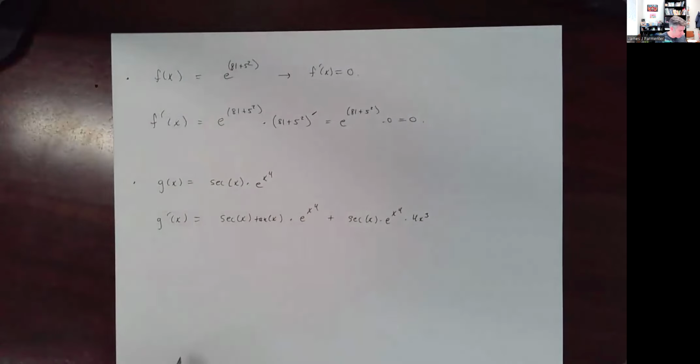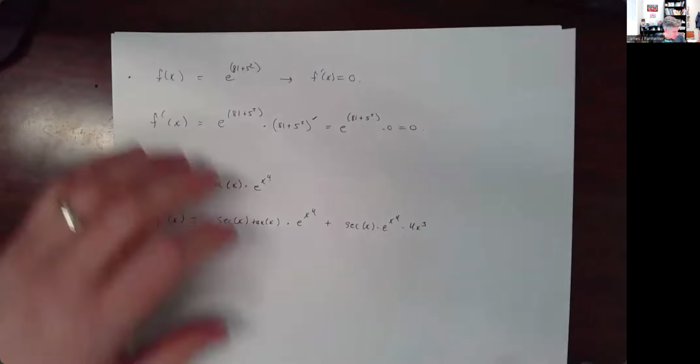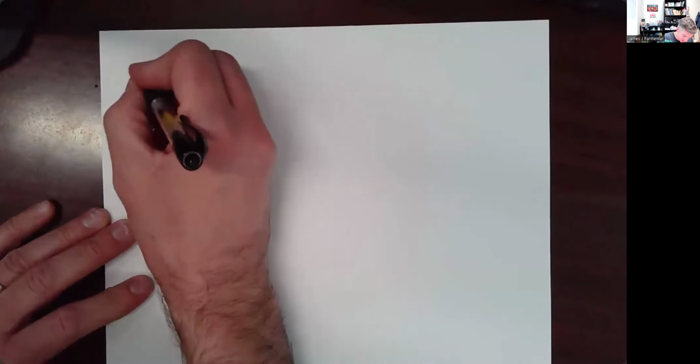Let's see what else we got here. I like this question. It's kind of a tricky question. So he gives some terrible looking function. I'm going to make up something slightly different. Let's say our function here, and I'm just going to give you the factor version.